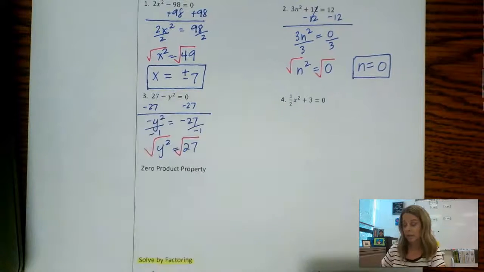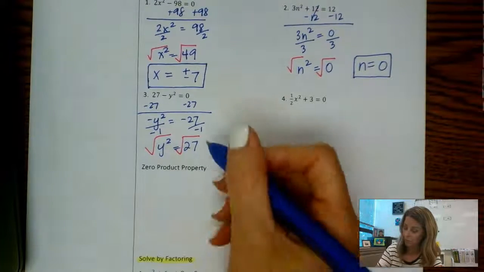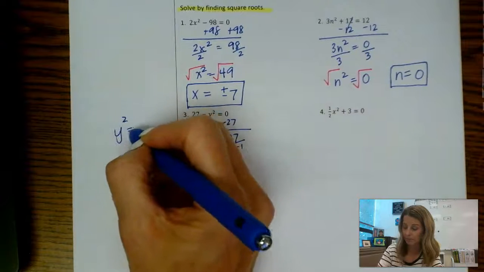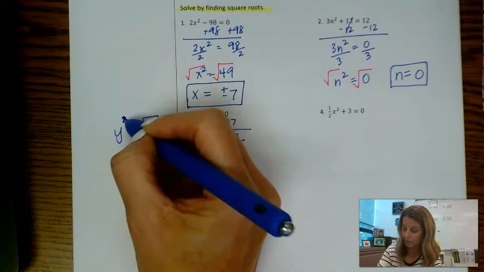So I want us to simplify this radical. So I want to break this down into two factors where one is a perfect square and one is not, so that I can take the square root of the perfect square as I write my answer. So when I look at this, I'm going to come over to the side because I'm out of room. It shouldn't be y squared, it should just be y.